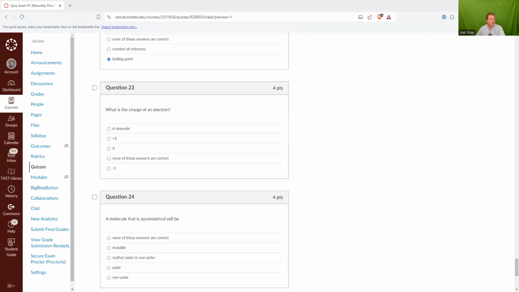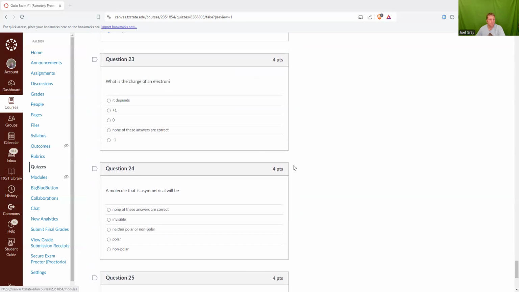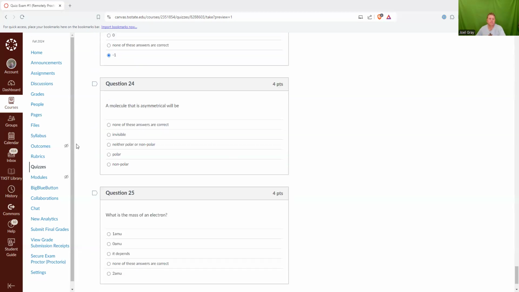Question number 23 reads, what is the charge of an electron? So this is going back to our subatomic particles. Protons are positive, neutrons are neutral, and electrons are -1. Number 24.